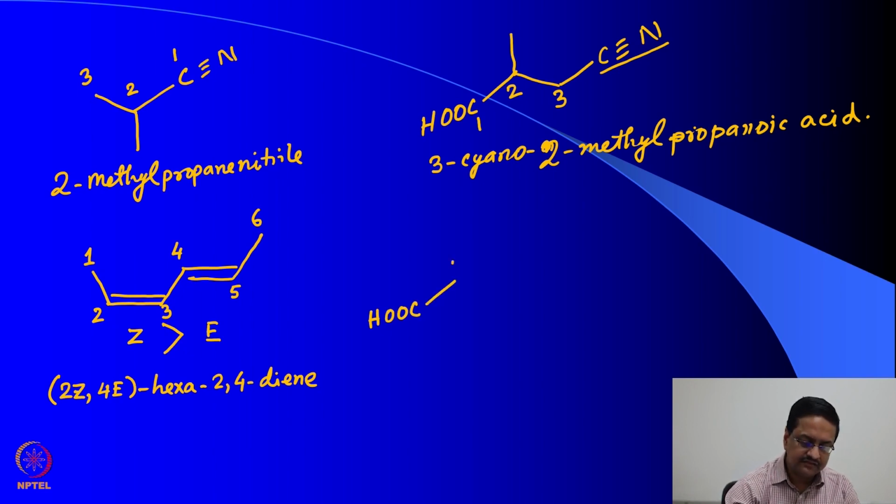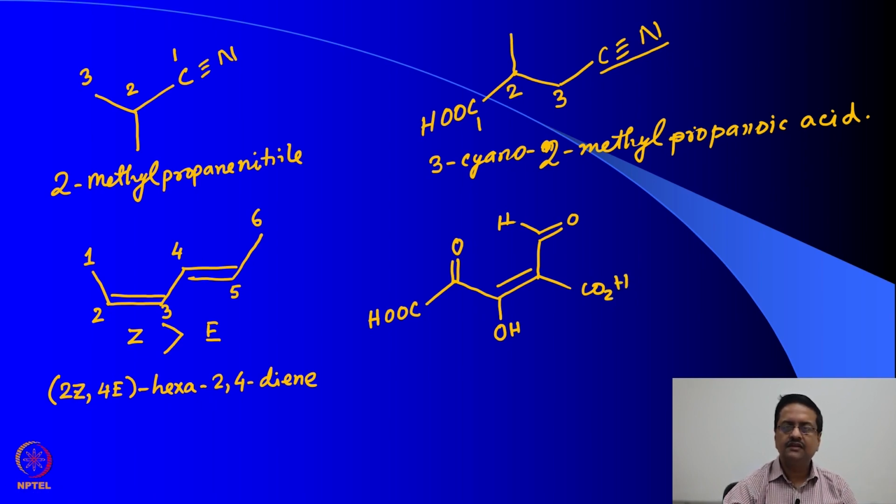So, what we have is acid, a ketone, one alcohol, this is connected to a double bond, and then you have a C double bond O H, CO2H.